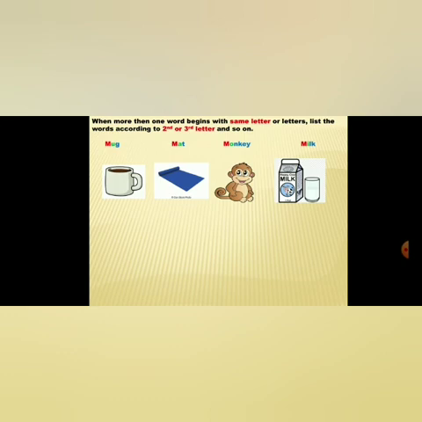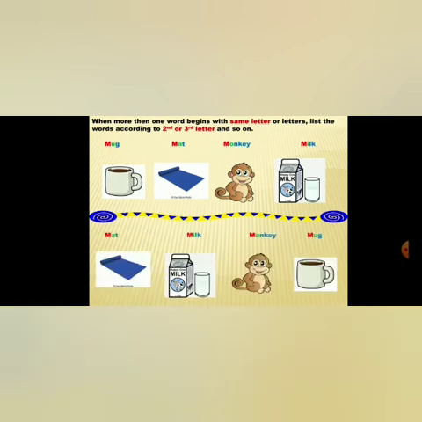If we see A in mat, that comes first. So mat will come first, then milk because the second letter is I, then monkey because the second letter is O, and then mug because the second letter is U. So here is the answer: mat, milk, monkey, mug.